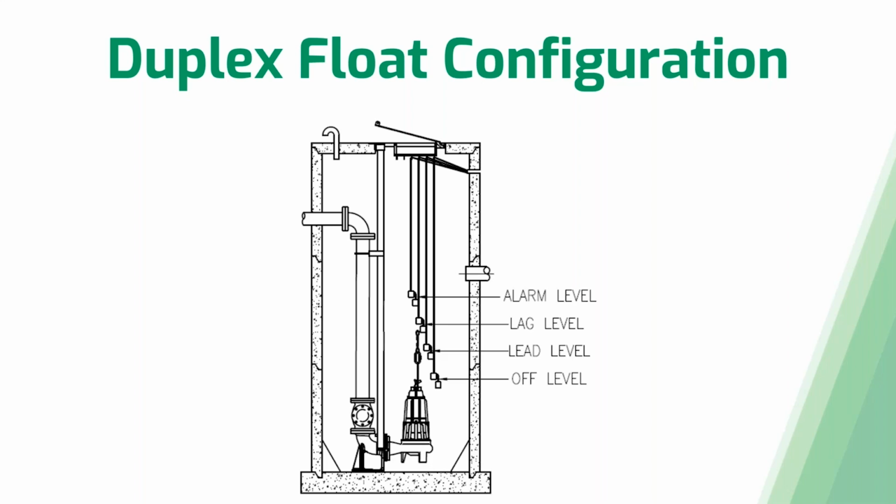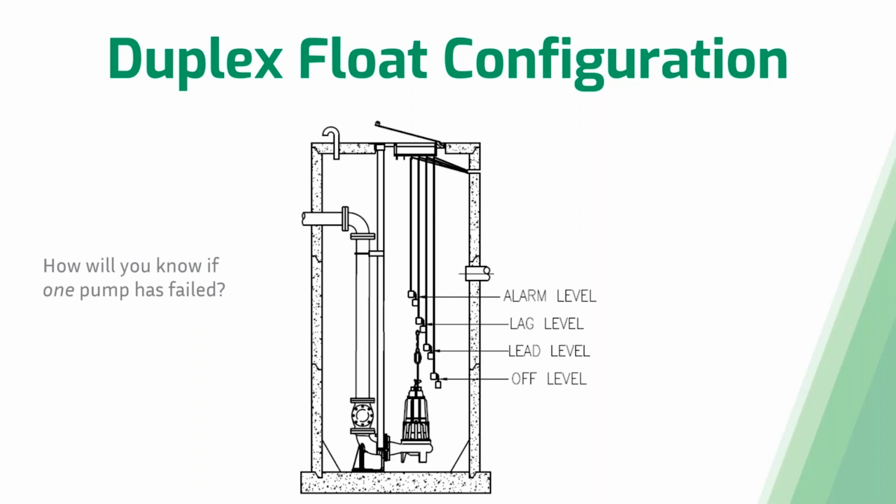Now, there is one problem with this sort of arrangement, and that is how will you know if one pump has failed? This was the standard arrangement for a long time, but we would get calls saying both their pumps failed at the same time, when in actuality one pump failed, so that lag float kept coming up and calling that second pump to run, and that second pump would pump down the system.